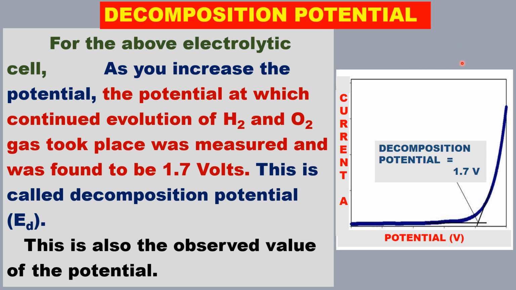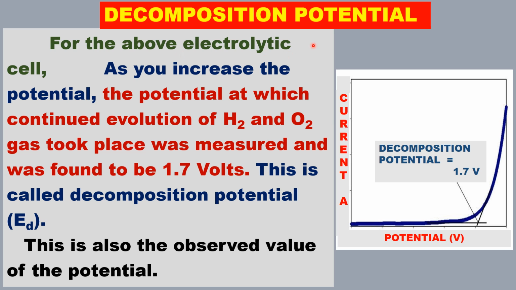In the first slide we have seen, what is the decomposition potential? It is nothing but deposition potential or decomposition potential, the potential at which the metal ion is deposited, or the potential at which the hydrogen and oxygen gas are evolved.